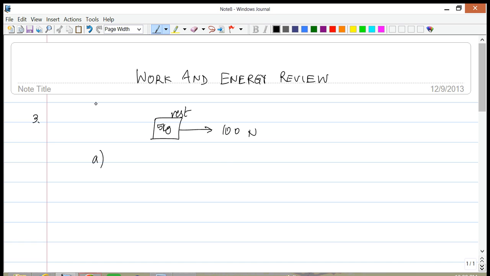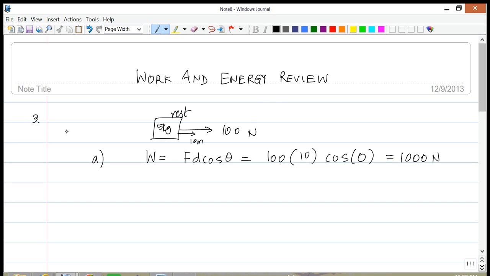The work done in moving 10 meters is simply given by the equation F d cosine theta, and this happens to be equal to 100 times the distance 10 times cosine of the angle 0, because the force and the displacement are in the same direction. The 10 meters is pointing to the right, the force is to the right, and so you have 1000 newtons.